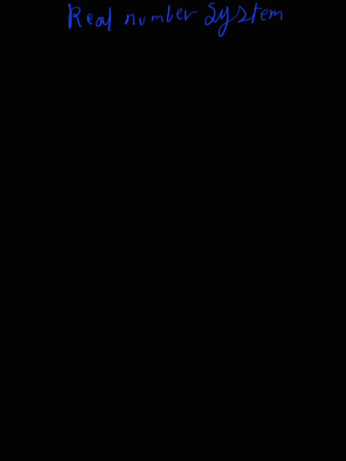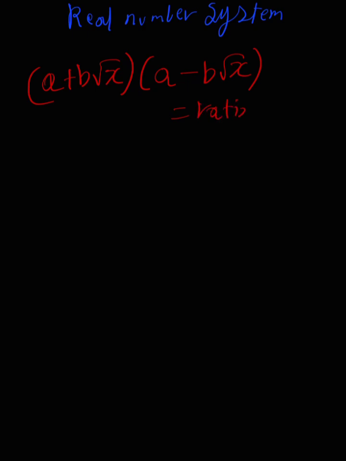So now we will be looking at a property of irrational numbers. Let's say you have an irrational number a plus b root x, okay, where root x is an irrational number. Now the property of this is that if you take this and multiply it with the opposite of this, so a minus b root x, it will always result in a rational number.